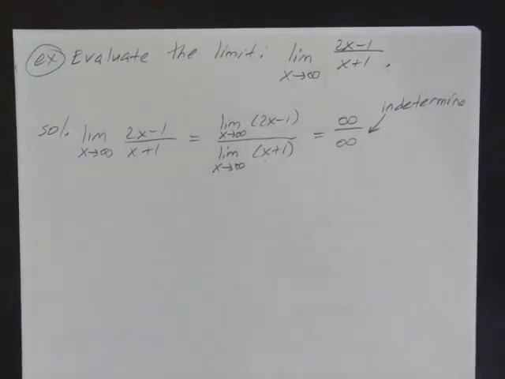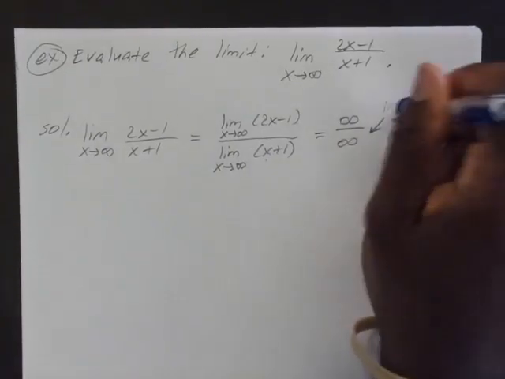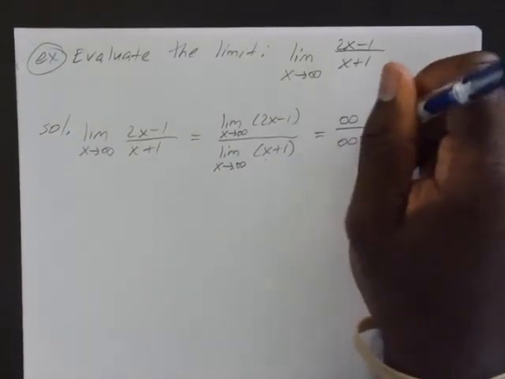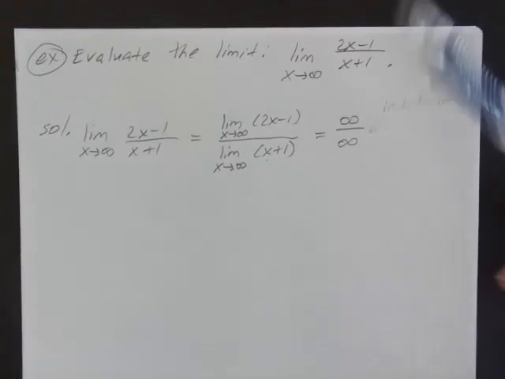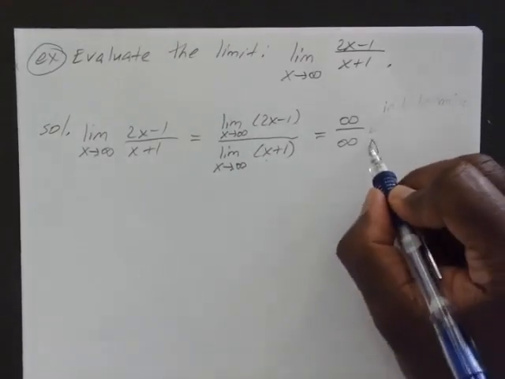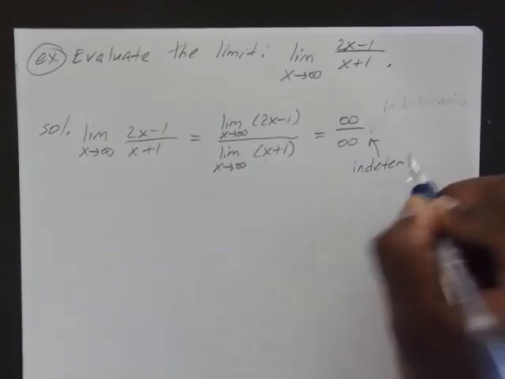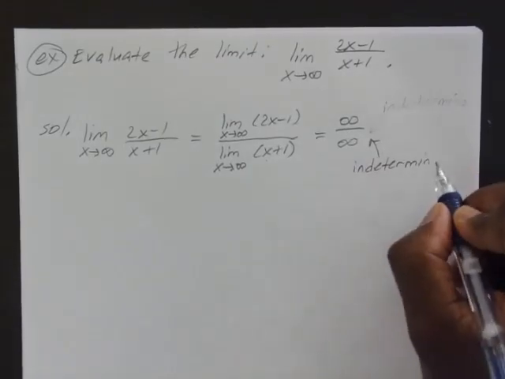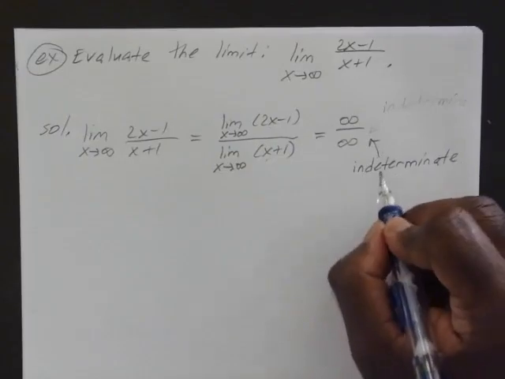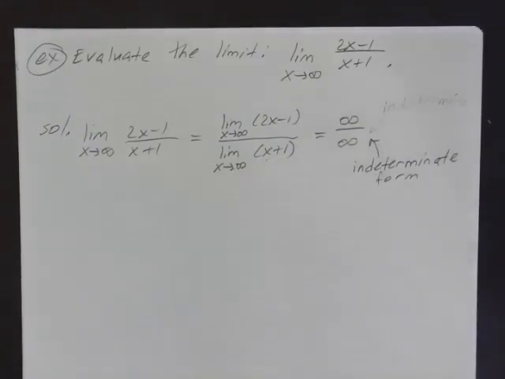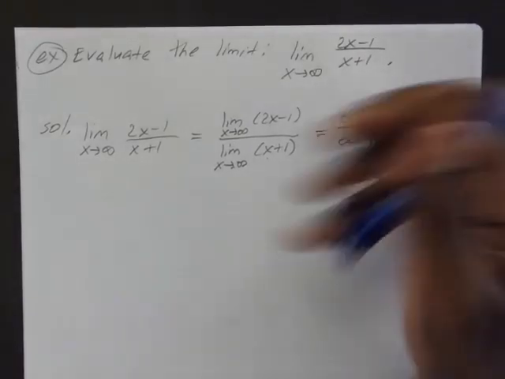I knew that wasn't going to fit when I started writing. I just had to try it. I'll put it down here so I have a little more room. Indeterminate form. Okay.